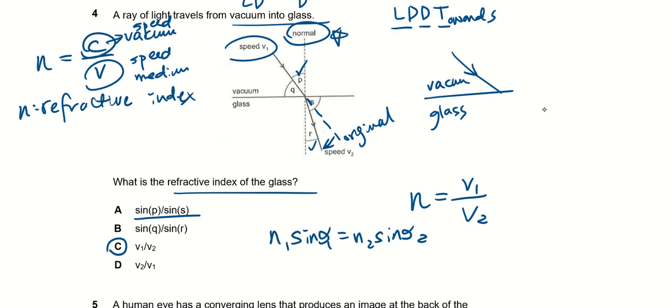So P over S is definitely not correct, because the angle must always be measured with respect to the normal. The other one has Q, which again is not the correct angle to use because it must be measured with respect to the normal, versus R. So this one is correct, but this is incorrect. Therefore both answers are out.